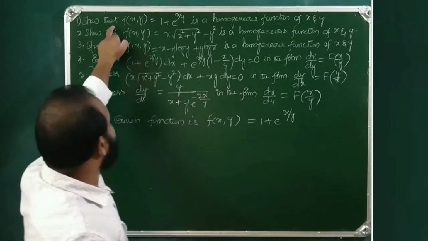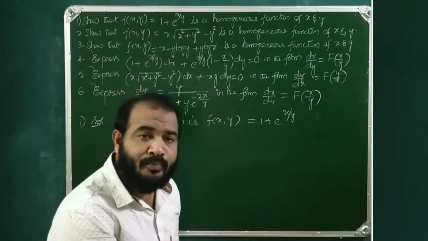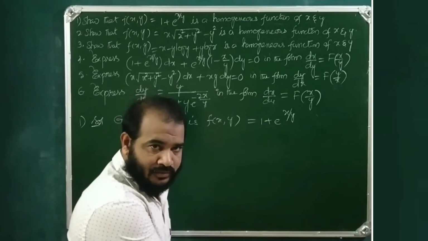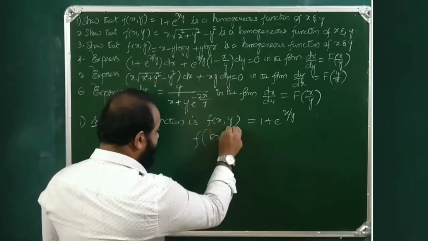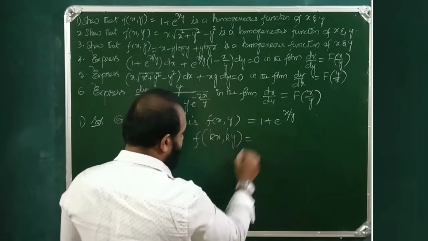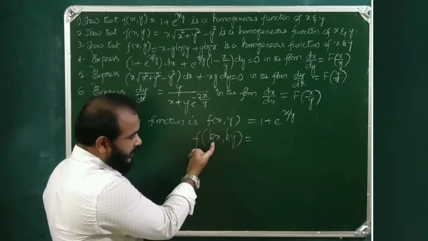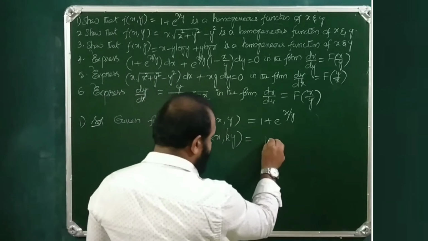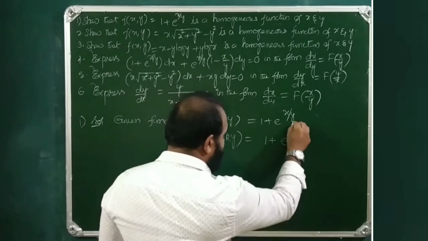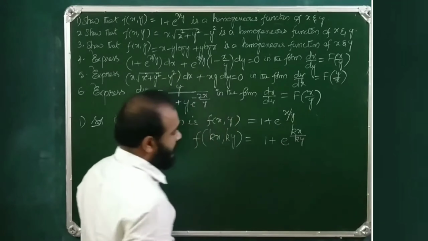To prove that this is a homogeneous function, what do we need to prove? That's what we have discussed just before. So let us take f of kx, ky. In the place of x I am substituting kx, in the place of y substituting ky. Then 1 plus e power kx by ky.